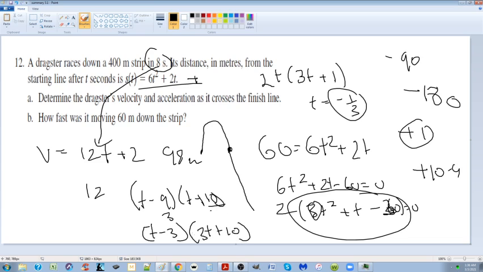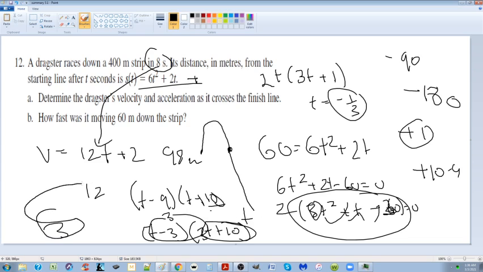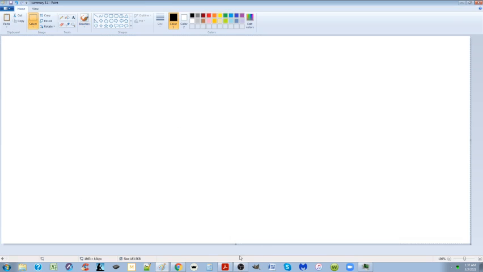And just to make sure, 3t squared plus 10t minus 9t minus 30. So that means at t is equal to 3 seconds, and this creates a minus time we don't care about, so it's 3 seconds. Now that I have 3 seconds, I can punch it into the velocity, and it's 36 plus 2, 38 meters per second when it was 60 meters down. You would always say the object was moving 38 meters per second when it was 60 meters down the strip.